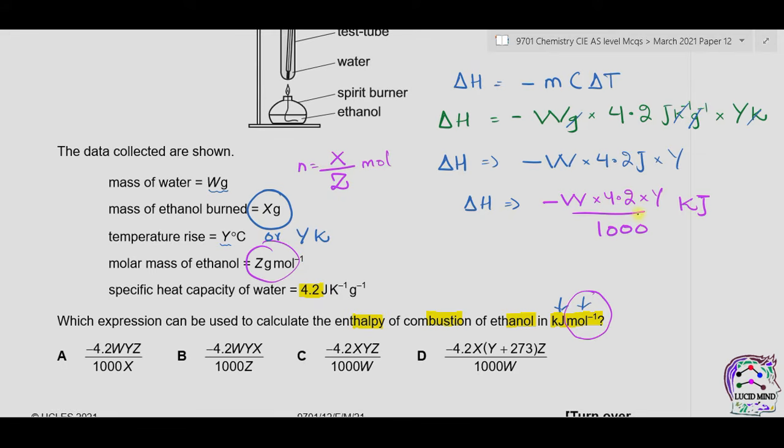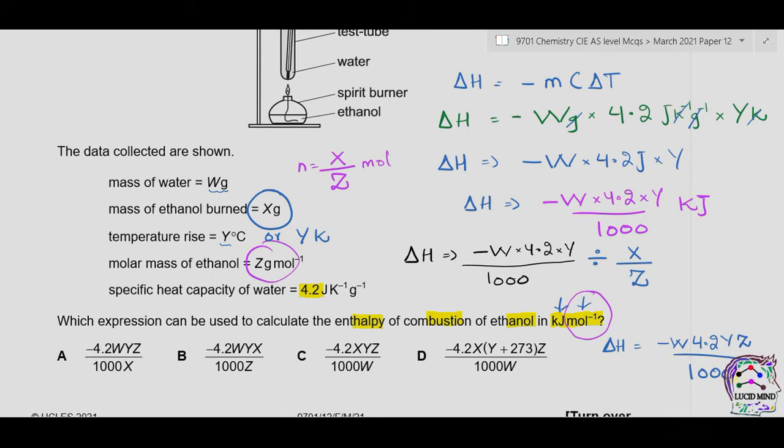Now we can change this enthalpy change into per mole by dividing by X by Z. So we can write delta H equals minus W 4.2 Y divided by 1000 divided by number of moles, which is X by Z. So now the final equation will be delta H equals minus W 4.2 Y into Z divided by 1000 into X. This is the enthalpy change of combustion of ethanol in kilojoules per mole.